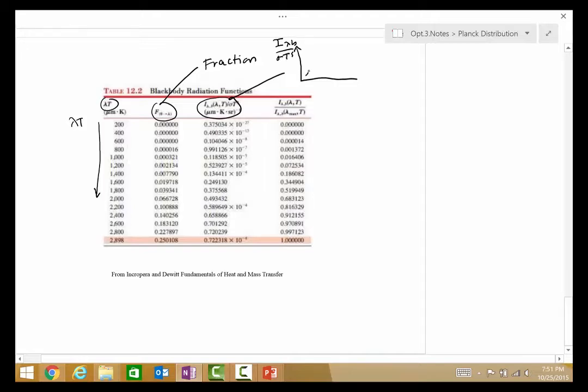So this is the curve that we drew in terms of lambda T. And then it has this curve divided by the maximum value, I_lambda,b divided by its maximum. So we see that the maximum occurs at 2898 micrometer Kelvin. The fraction up until 2898, until the peak, is 25%. And again, there are tables available to provide this type of information.